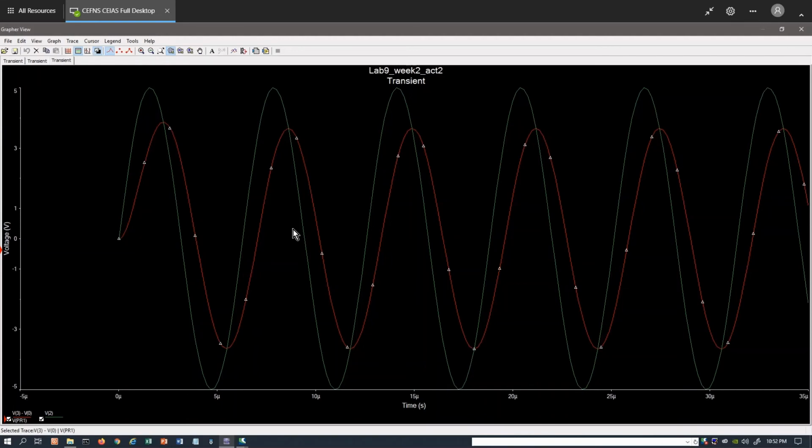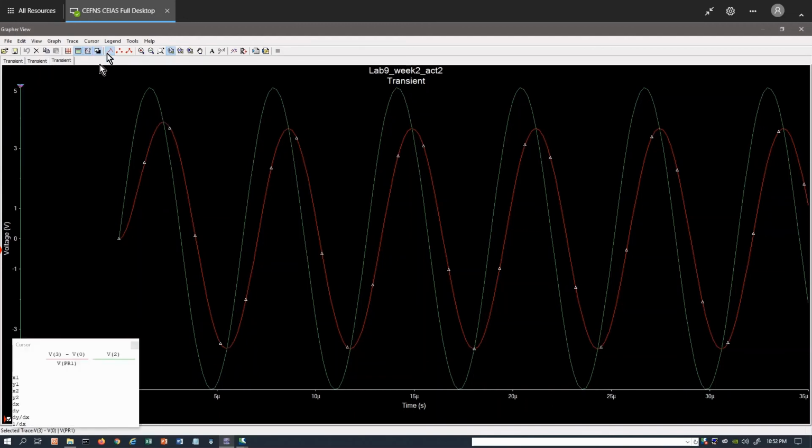So if we're doing this in a real circuit, we want to look at the peak-to-peak voltage, which is the voltage difference between this peak and this peak. Sorry, I think it should be for the red one. So again, we need to use cursors.